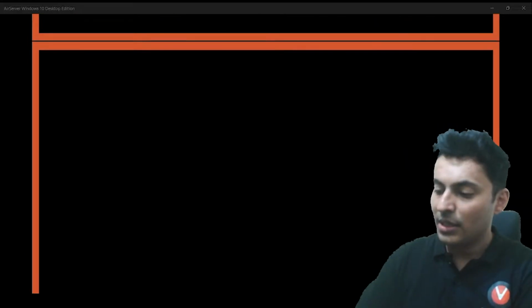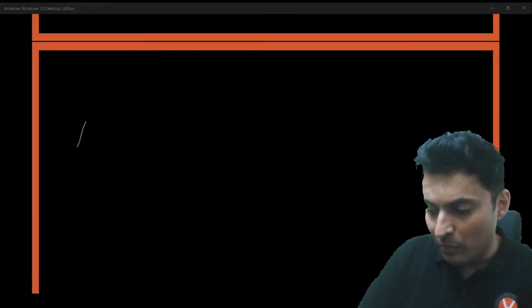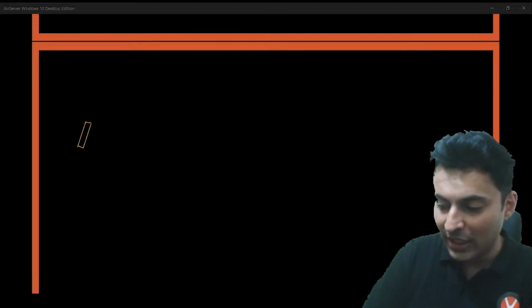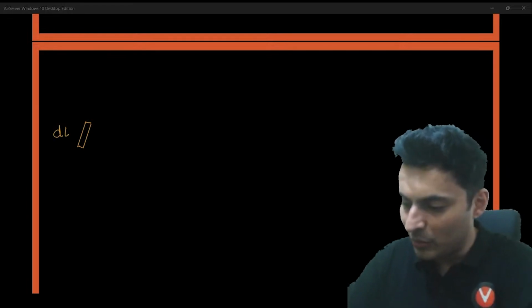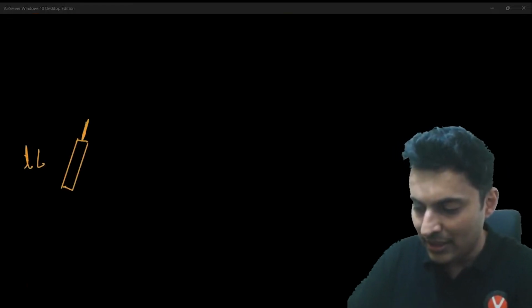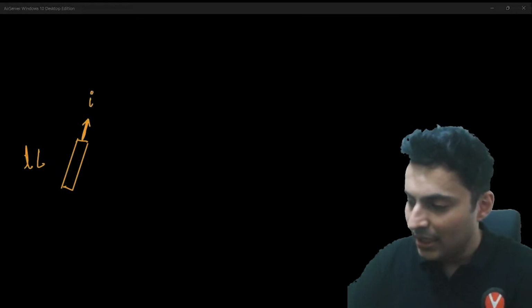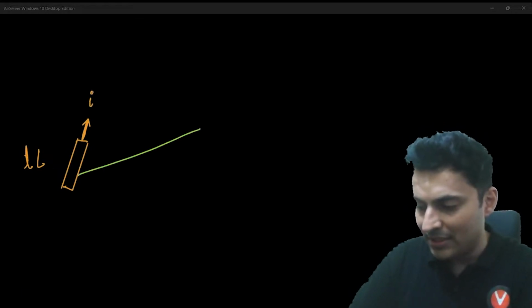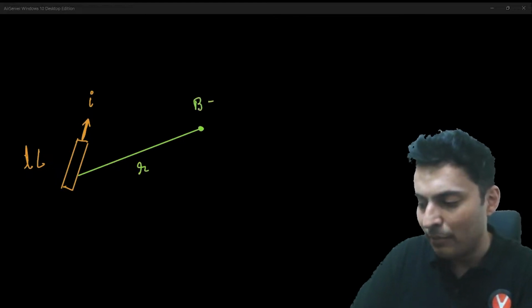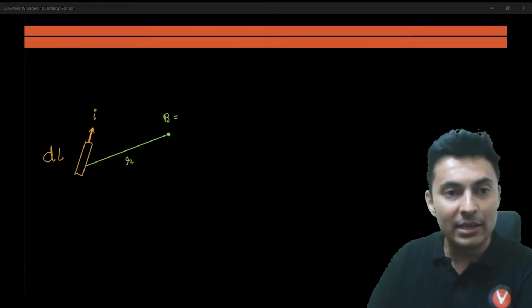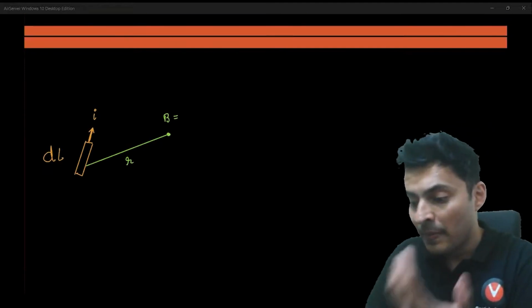Next is, if you take a small element of wire, and this I have seen many students make many mistakes. If you take a small element which is carrying some current, let us show this element is carrying some current, and you are at some distance from it, let's say R, and at this point you want to find the magnetic field. And how does magnetic field depend on distance?